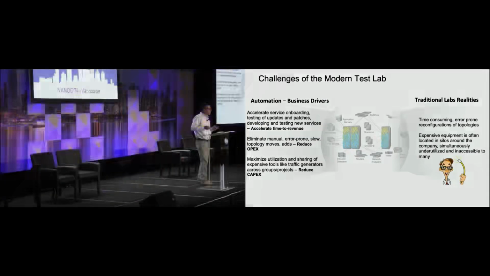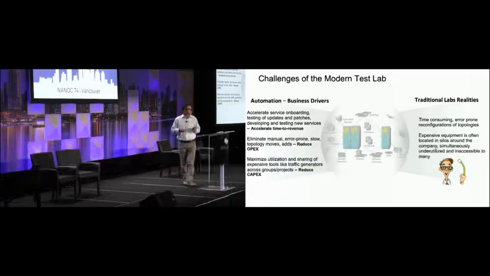Really, the business driver for lab automation is the ability to accelerate testing and onboarding of new services, building network topologies dynamically without having to patch manually, which is error-prone and definitely time-consuming. Another huge problem in labs is equipment sharing.